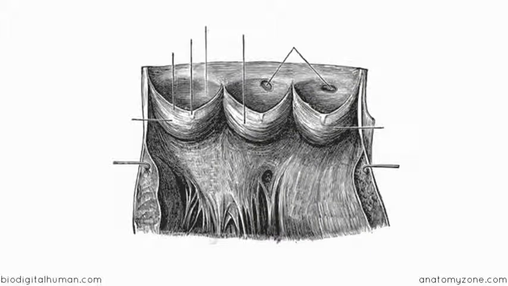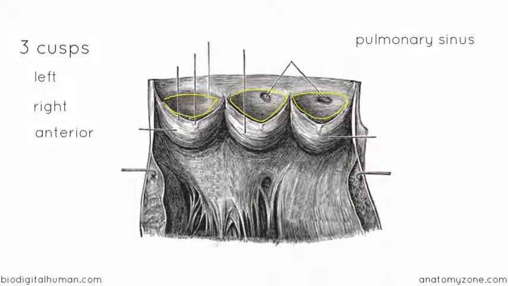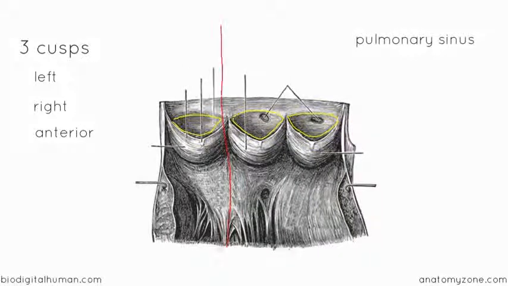So you've got this thickening here. You've got three cusps, a left, a right and an anterior cusp. And then you've got these pockets formed by the cusp. These pockets here are called the pulmonary sinus. When the ventricle contracts, you get blood shooting out through the valves, but during relaxation, blood returns and fills these sinuses, and it ends up causing the pulmonary valve to close and prevent backflow of blood into the right ventricular outflow tract and ultimately back into the right ventricle.